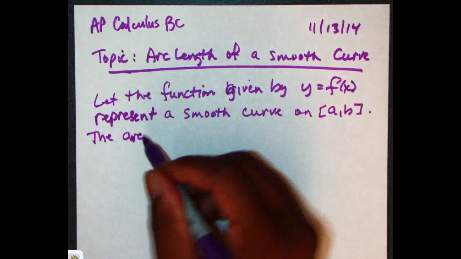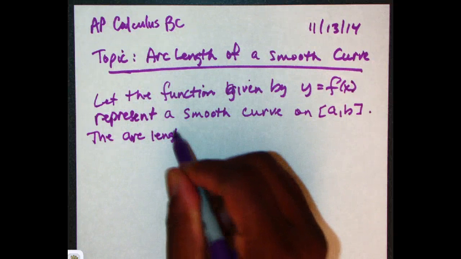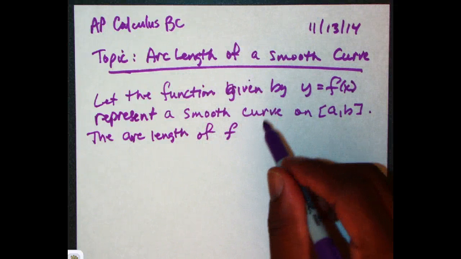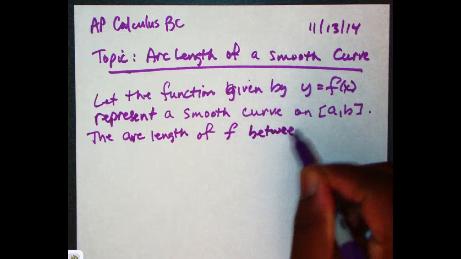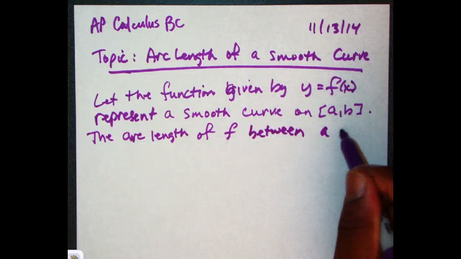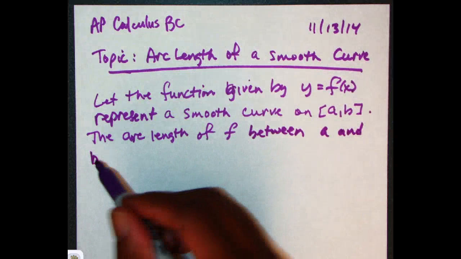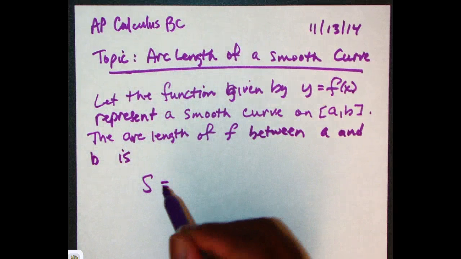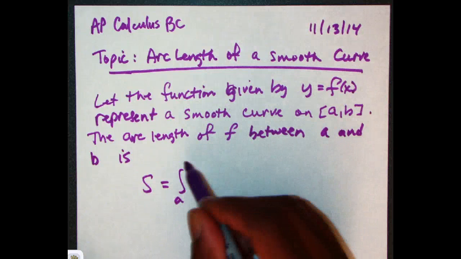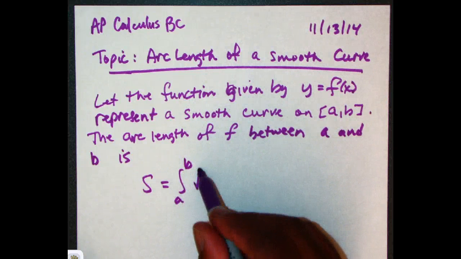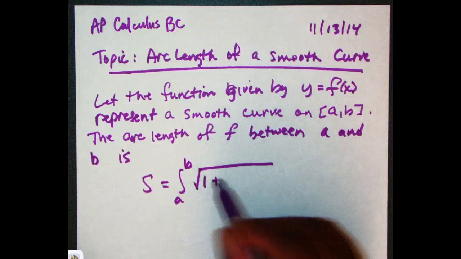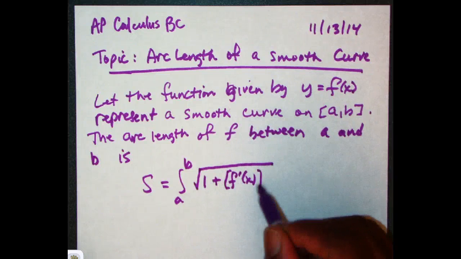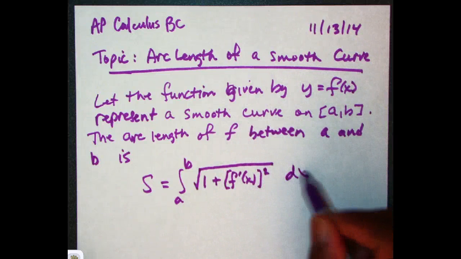The arc length of f between a and b is s is equal to the integral from a to b of the square root of 1 plus f prime of x squared dx.